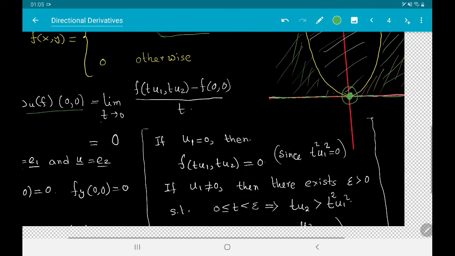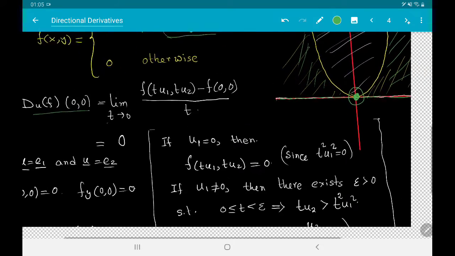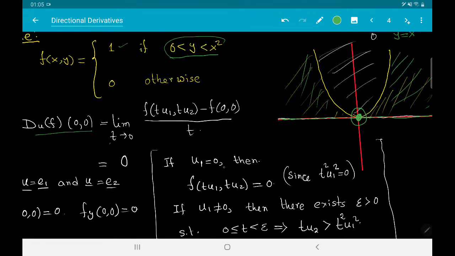So the key idea is given here. If u1 is equal to 0, then what happens? Then t squared u1 squared is equal to 0, and here I wanted x squared to be strictly bigger than 0, but here this is equal to 0.